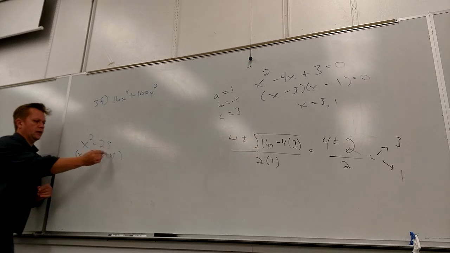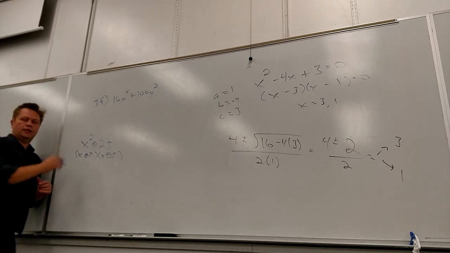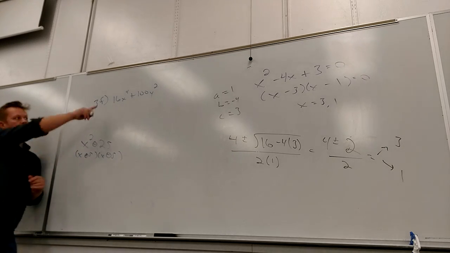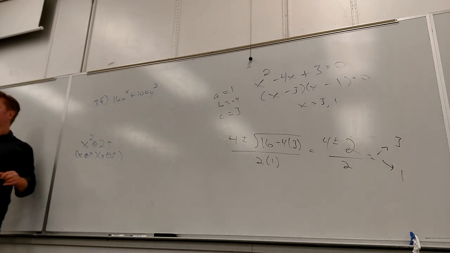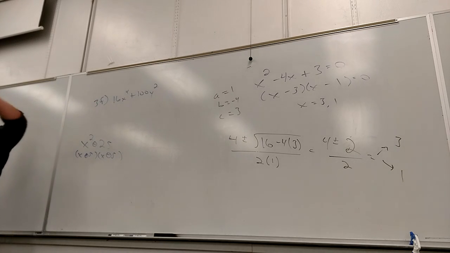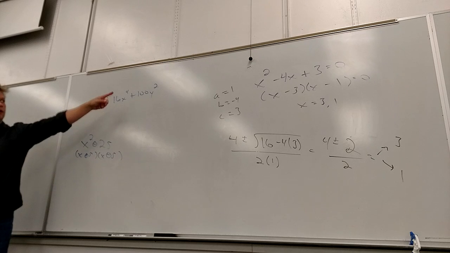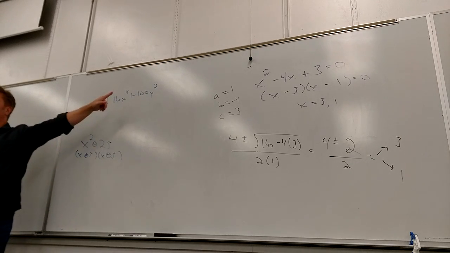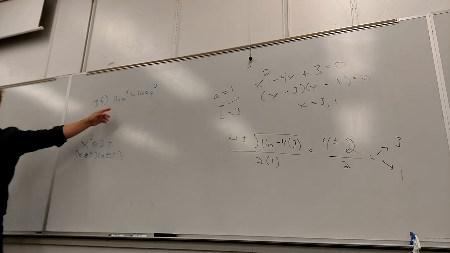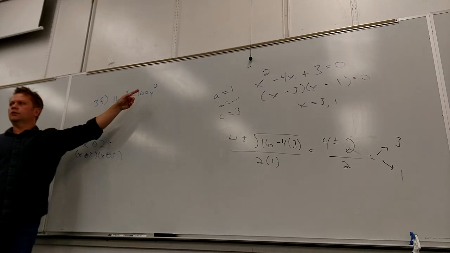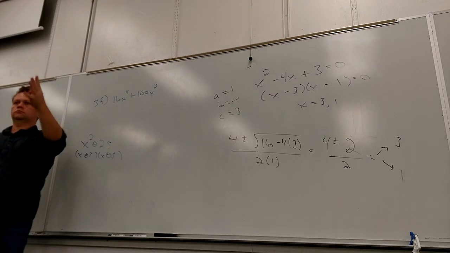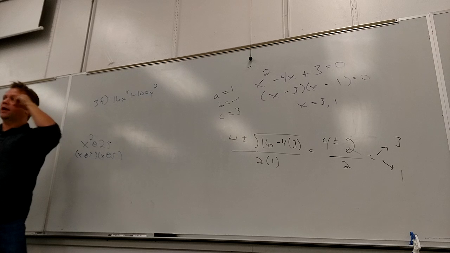Because these can be opposite signs because this is a negative. So can that work the same way? No. Sum of squares cannot be factored unless, of course, there's a GCF, the first thing you always try. What goes into 16 and 100? 4. So you can take 4 out, and that's all you can do. Other than that, it's a sum of squares.